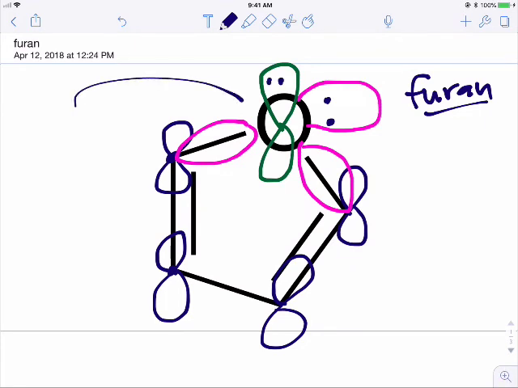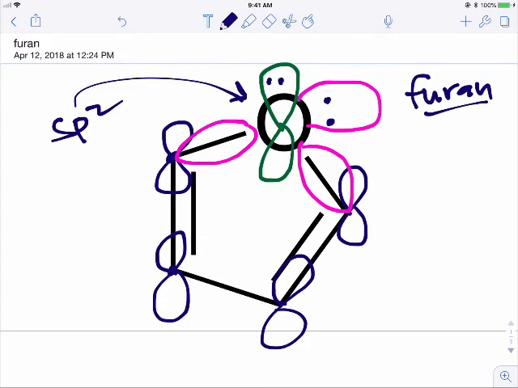If that oxygen does that, it needs to absorb an energetic penalty. Remember that if it were sp3, both lone pairs would be sitting in an sp3 orbital.